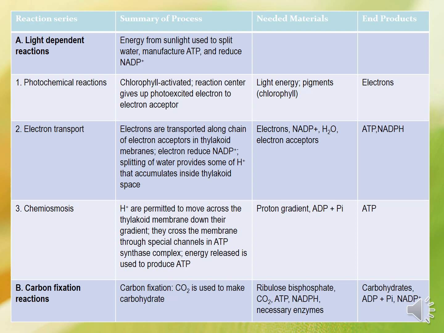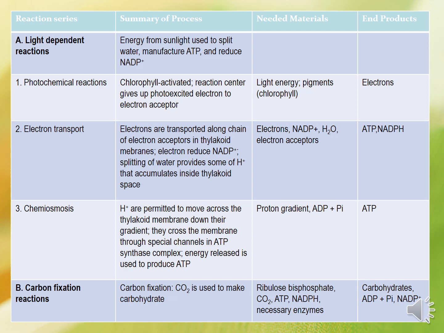Now we look at electron transport. In this light-dependent reaction, you remember that the non-cyclic and cyclic processes involve electron transport. When you summarize electron transport, it is the process of transporting the electron along a chain of electron acceptors.